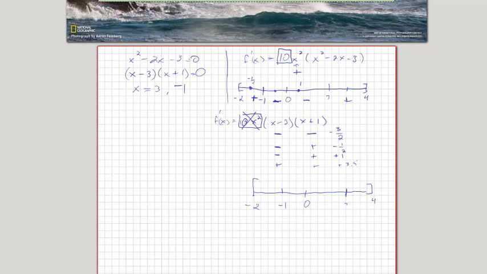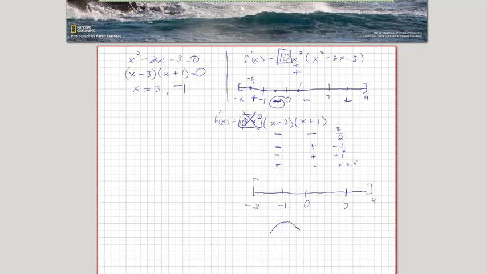At each of these points, the derivative is 0. I don't know where it is on the y exactly, but my function has a positive slope, but levels out at negative 1, and then starts going negative because I have negative slope here.